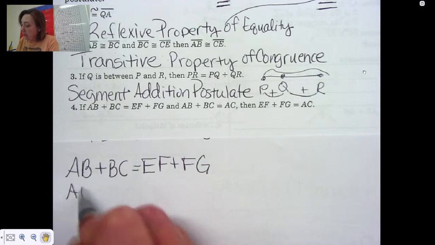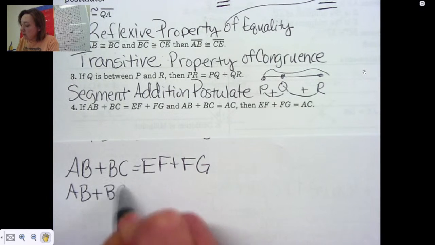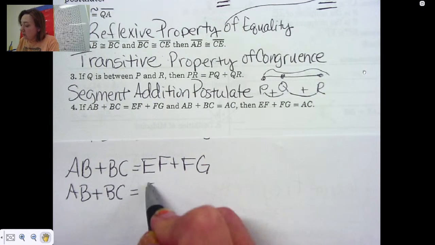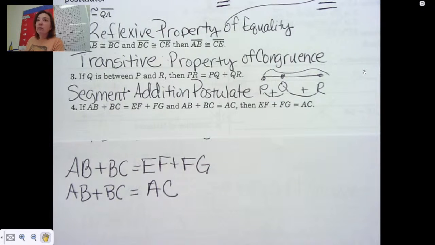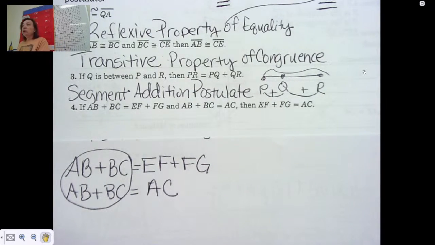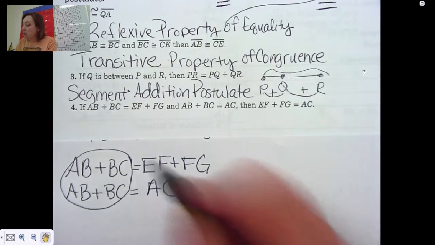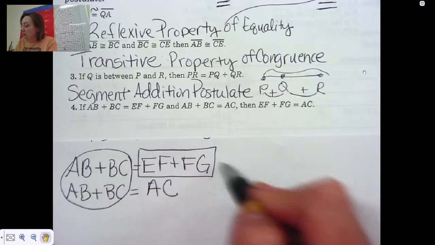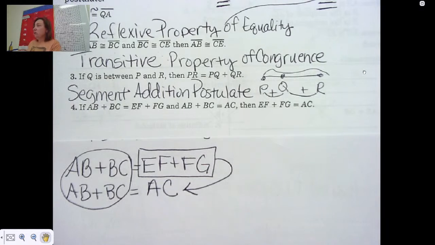Then we have AB plus BC equals AC, right? Notice this is the same thing on both sides. That tells us that this thing and this thing have to equal each other, which is what they said. Now, number one, are we dealing with shapes or numbers?